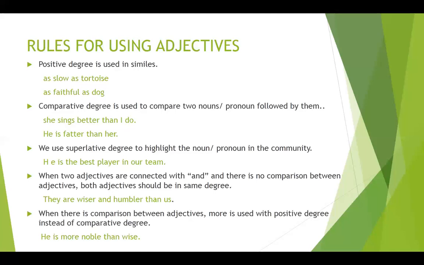So when there is a comparison between two adjectives of the same person, two qualities of the same person, then we use "more" instead of the comparative degree of those adjectives. So these are 5 rules for using the adjective in the proper place.